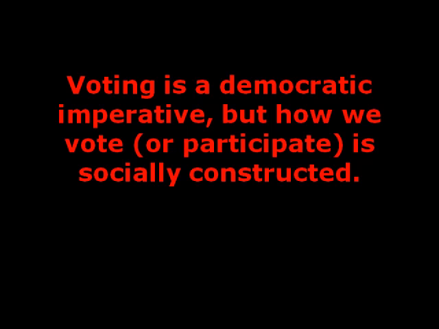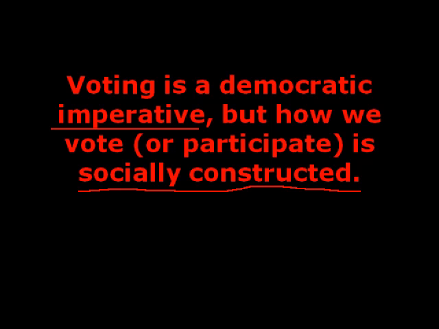If something is imperative, another synonym for imperative would be necessary. Now, how could we have a democracy if we didn't have voting? So voting is necessary, but how we vote is a social construction. What do I mean by social construction? I mean, we as Americans have created laws that shape who can vote and under what circumstances. And some seem very obvious. For example, you don't let a 5-year-old child vote.